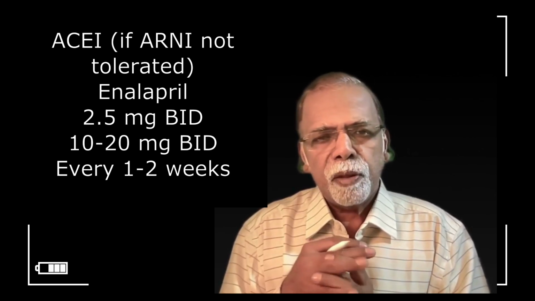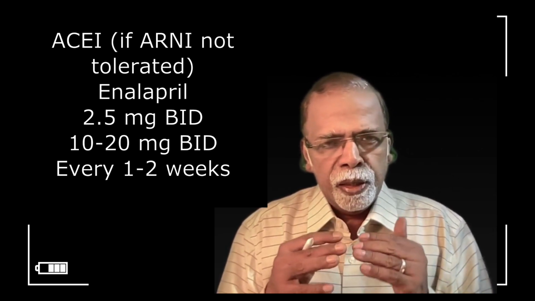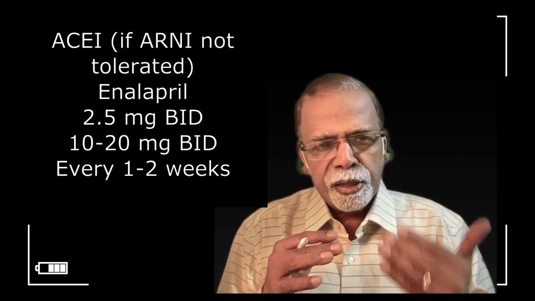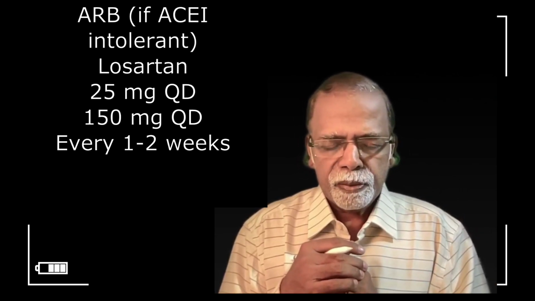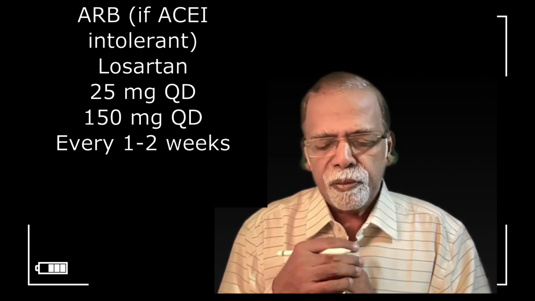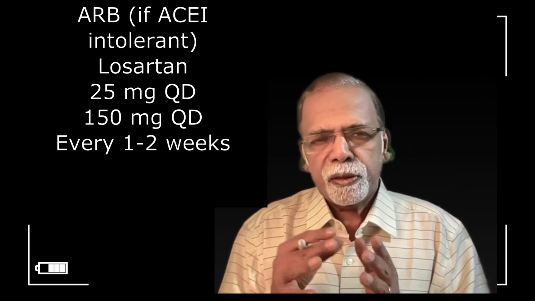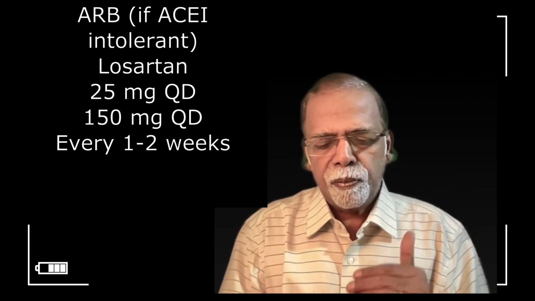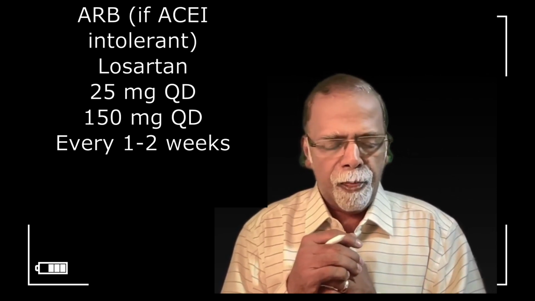Many patients will not be able to achieve the target. If the patient can't take an ACE inhibitor, you may go for an ARB like losartan 25 milligram daily, step up to 150 milligrams daily. Every 1 to 2 weeks, the dose is stepped up so that you reach the 150 milligram target.